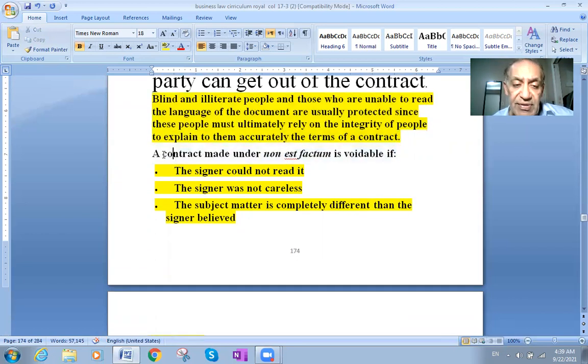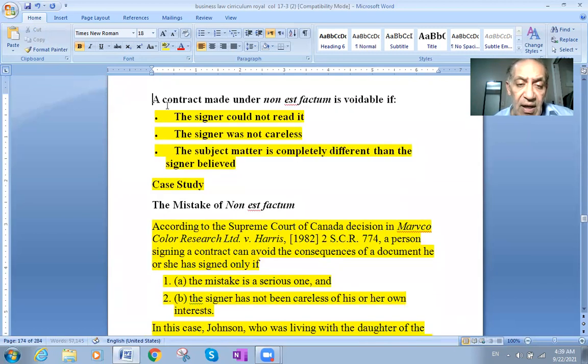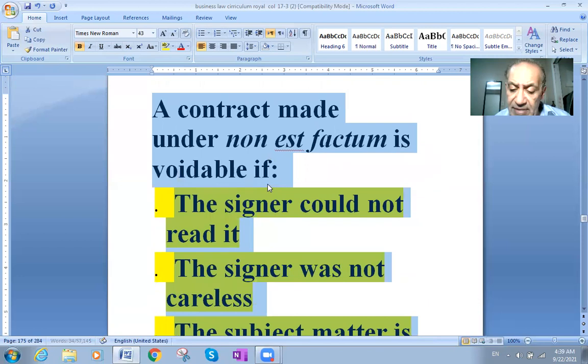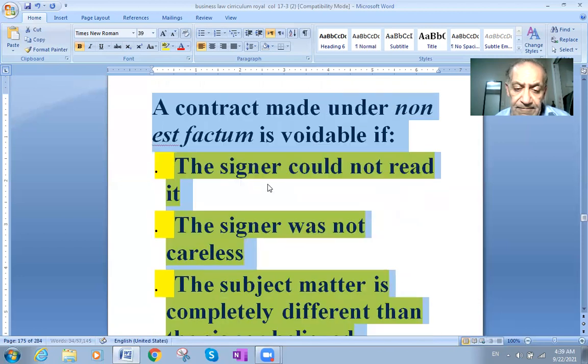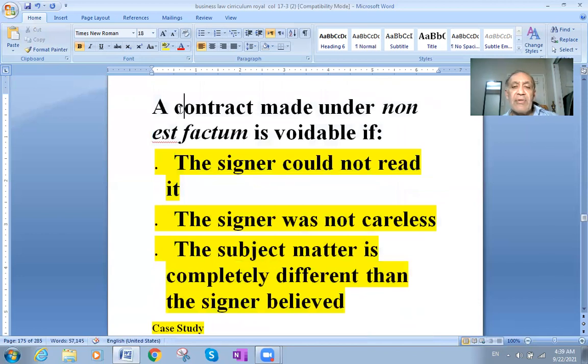That's what we want. So this one sentence, I will enlarge it so that we can read it. Here we go. A contract made under non est factum is voidable.